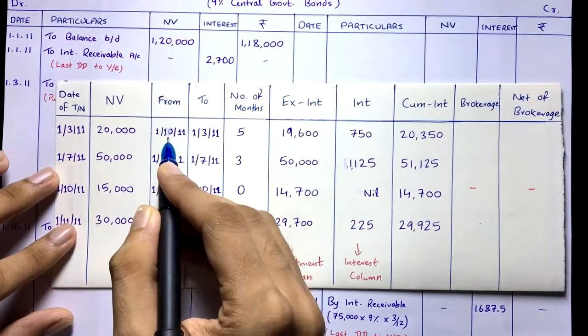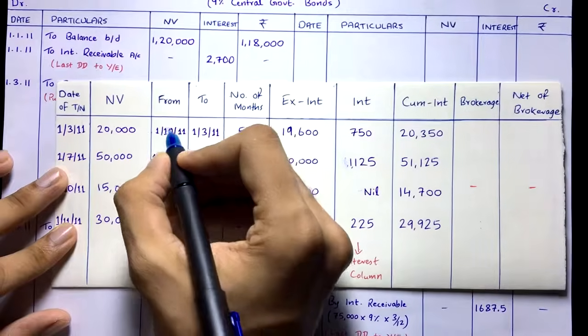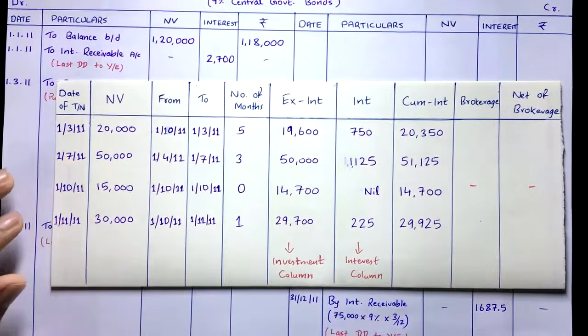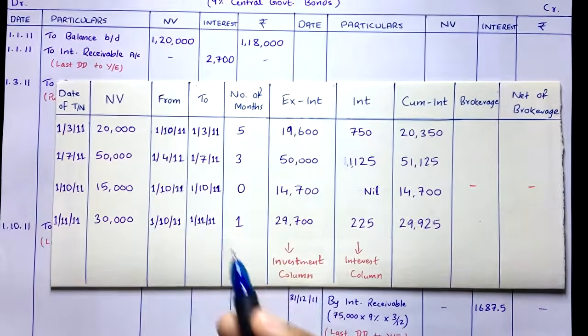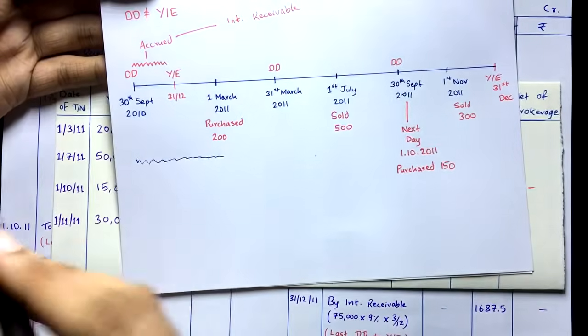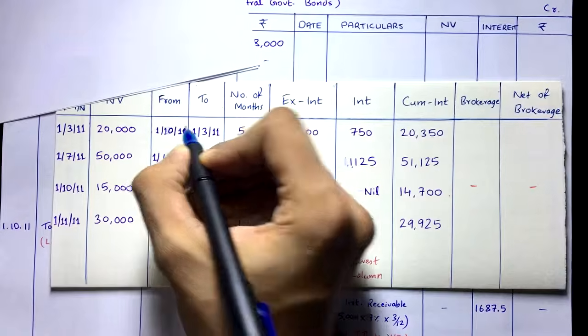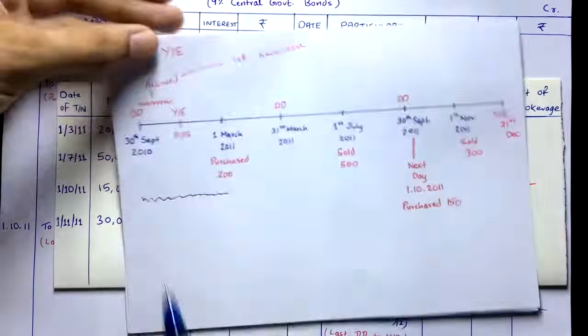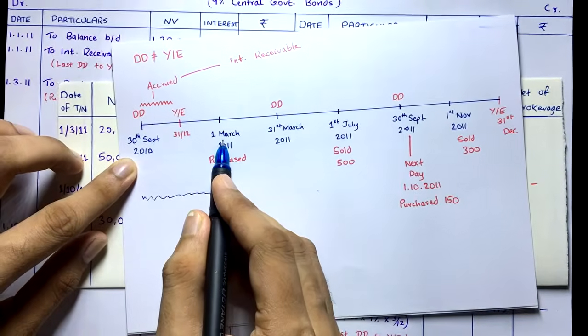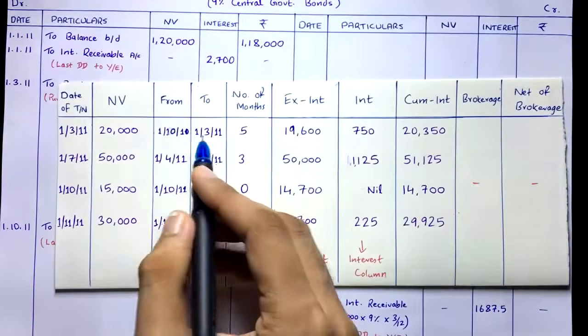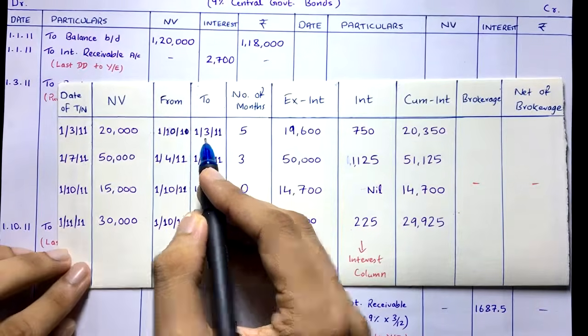The last due date was 1st October 2010. The due date was 30th September, but we take the very next day. So the period runs from 1st October 2010 till the date of transaction, 1st March 2011.